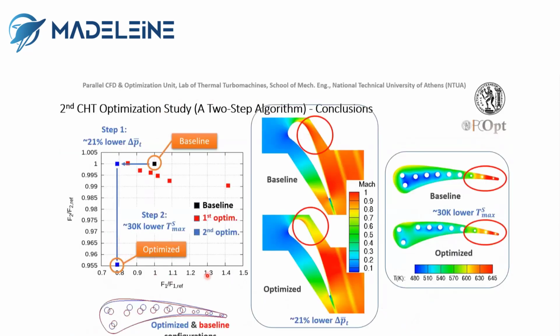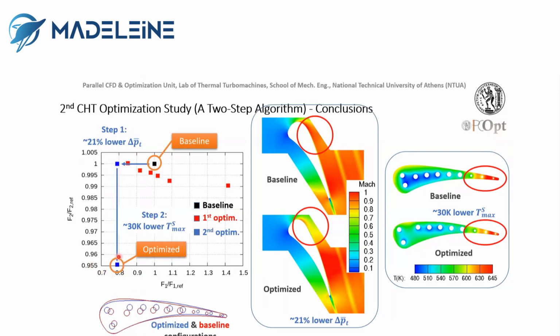A summary of the results is shown here. Starting from the baseline geometry, we are moving horizontally to decrease the total pressure losses by about 21%. And then we are fixing the blade shape, and we are changing the cooling hole location, and we come up with this optimized geometry. It's the blue shape versus the red shape, which was the initial one.